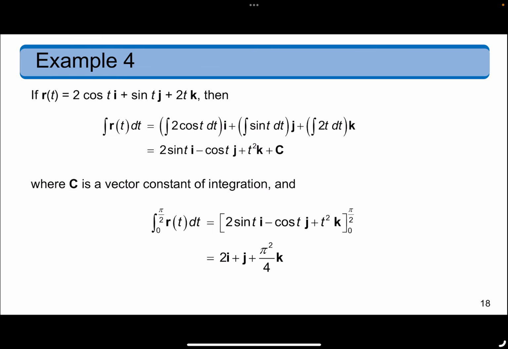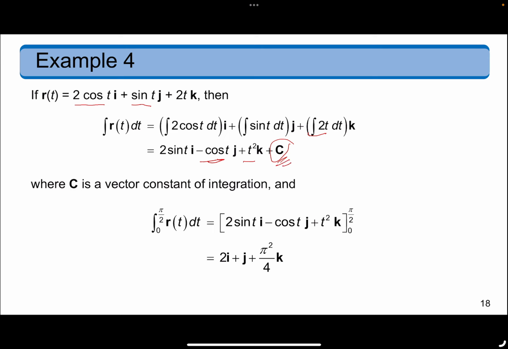If r of t is equal to 2 cosine t i plus sine t j plus 2t k, then the integral of r of t dt would be equal to the integral of 2 cosine t, which is 2 sine t, and the integral of sine t would be negative cosine, and the integral of 2t is t squared, plus a vector constant C. So take note that this is a vector constant.